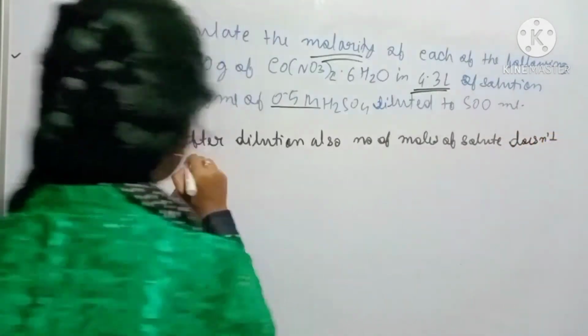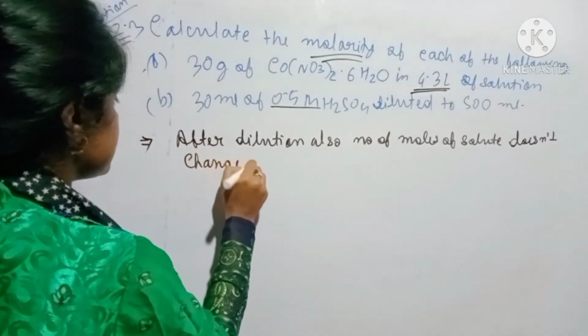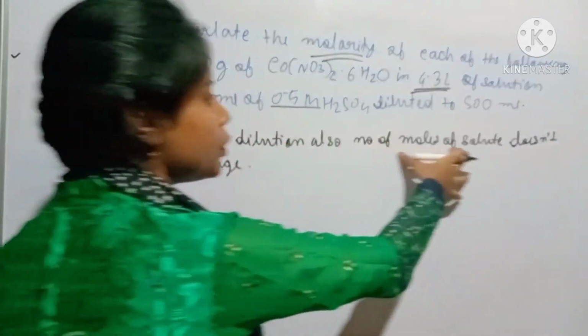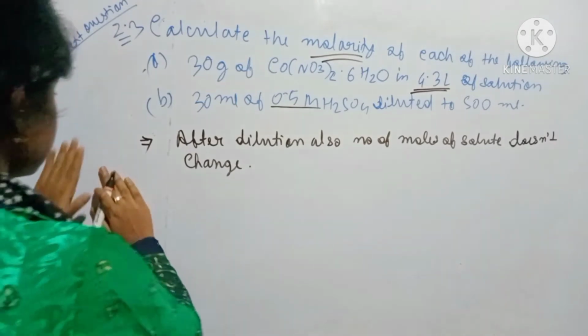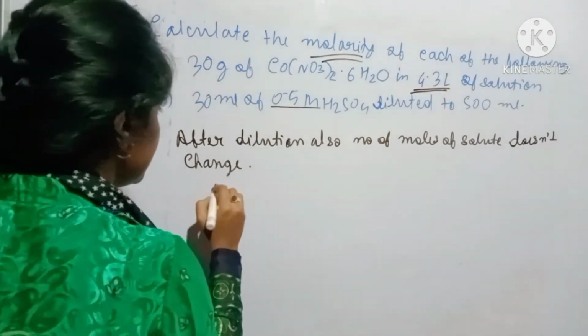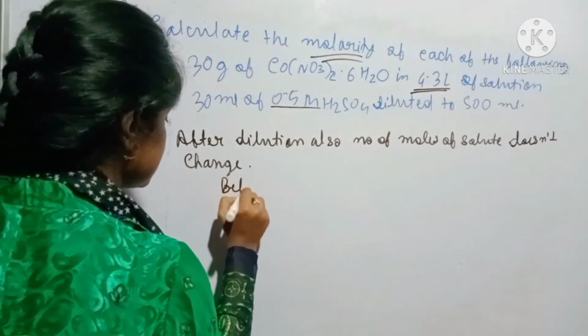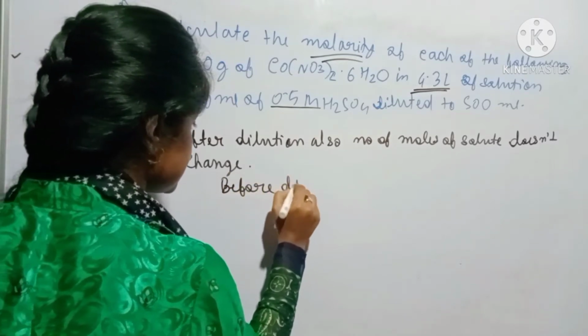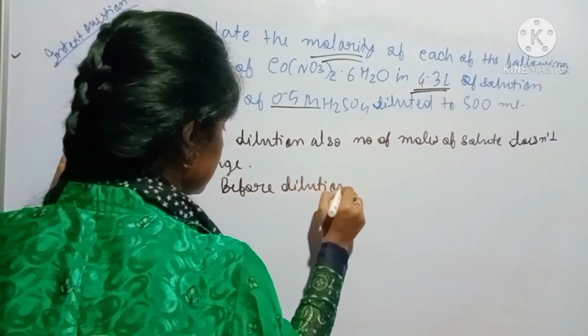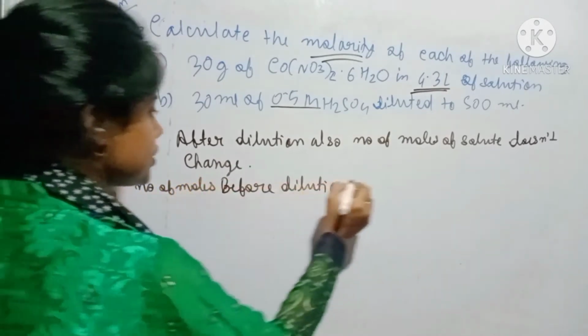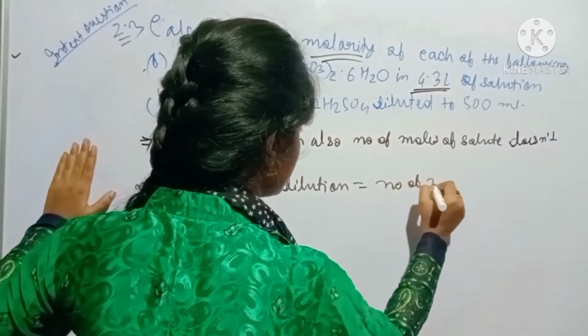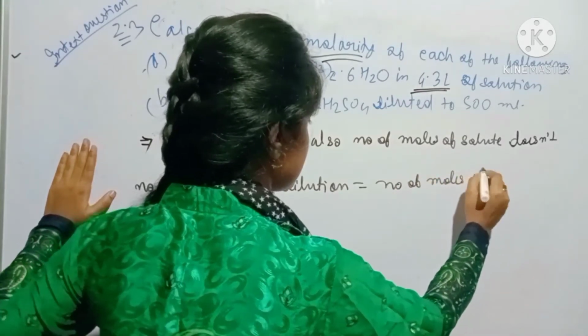So before dilution, number of moles equals number of moles after dilution.